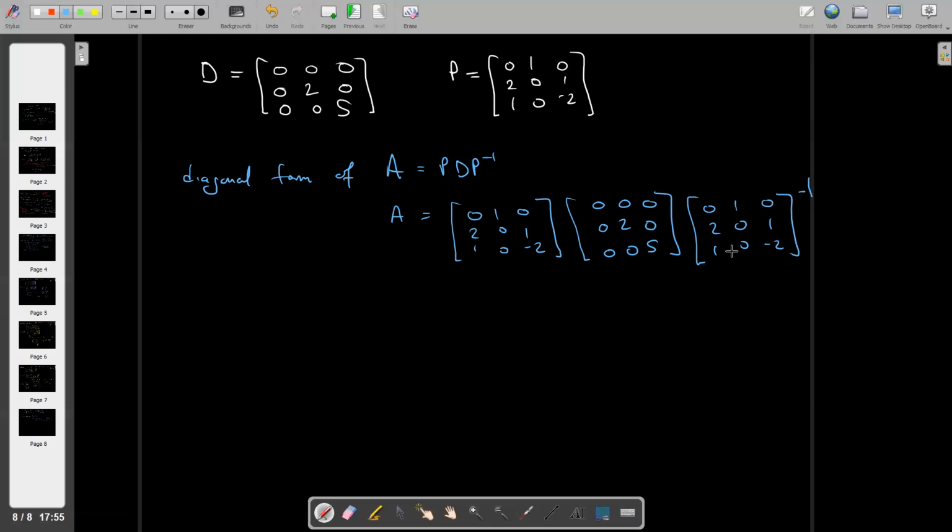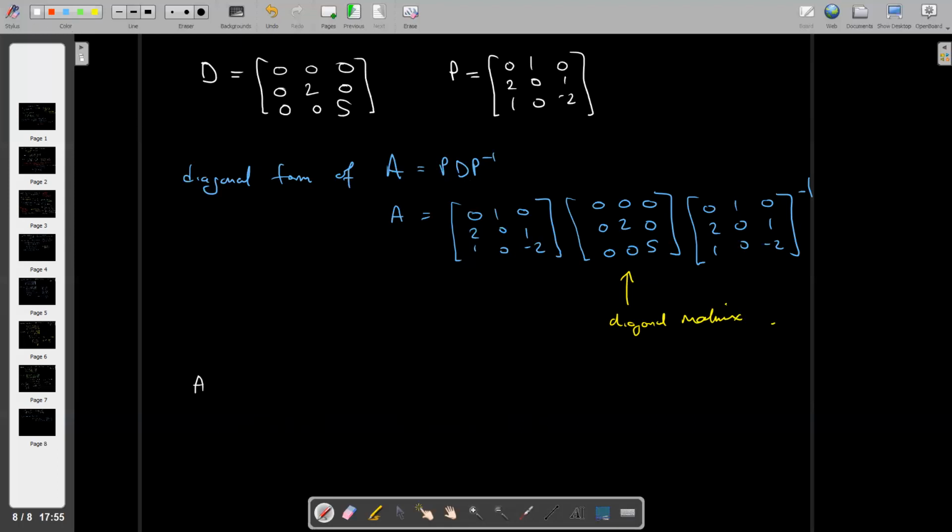And I'm going to stop here because otherwise we're going to hassle about finding the inverse of this matrix, and I really don't fancy doing that. But we've kind of gone for the whole point now, is we've got a diagonal matrix. And this whole form is useful, as we'll mention.